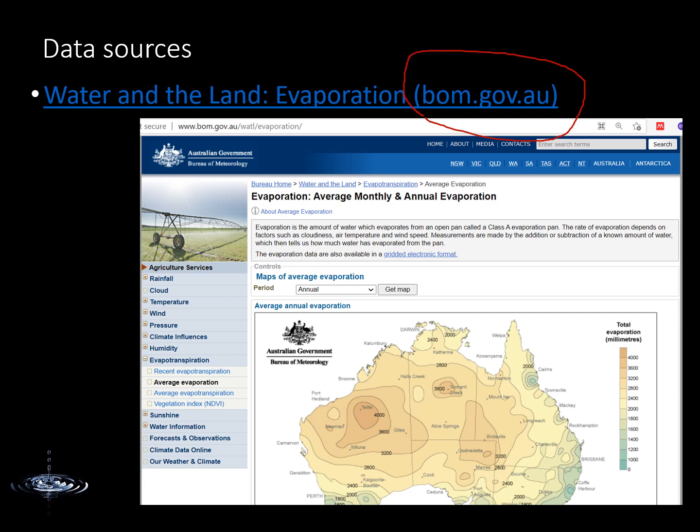All the climatic information, rainfall measurements, and measurements of stream flows you can get from the Bureau of Meteorology website. The figure here gives us the total annual evaporation at different locations. You can also get daily and monthly evaporation.